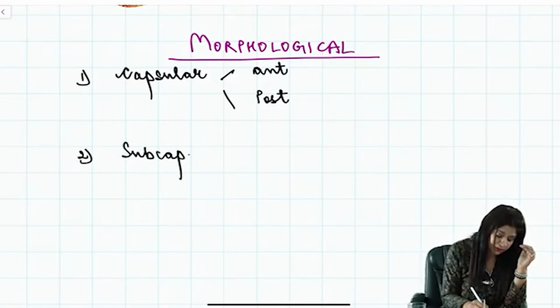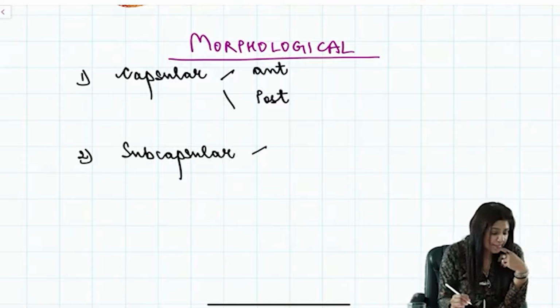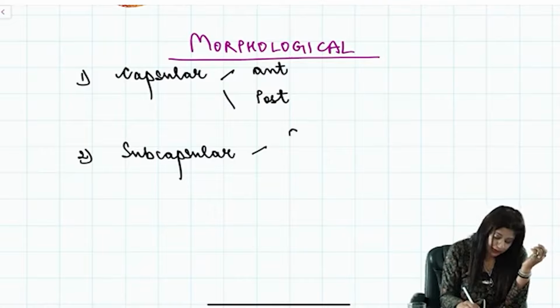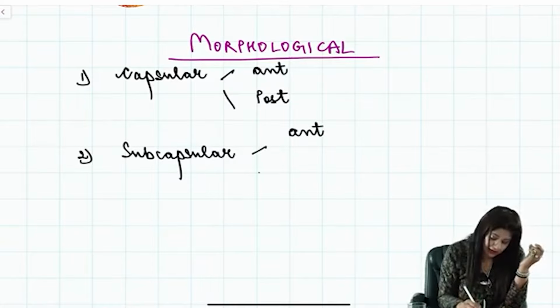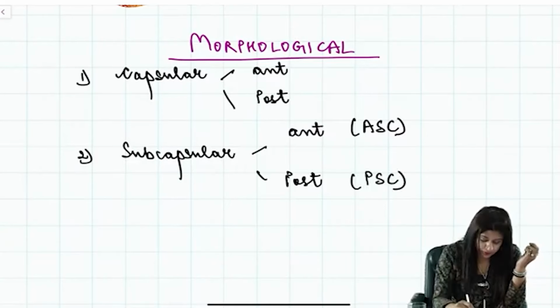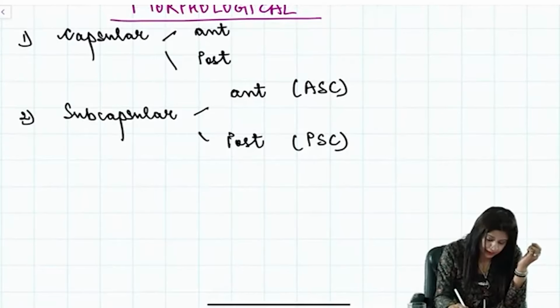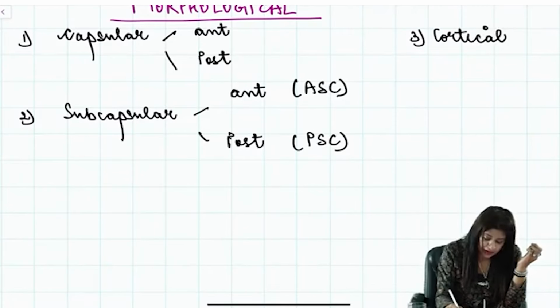It can be superficial cortex, beneath the anterior capsule or beneath the posterior capsule, anterior subcapsular as well as posterior subcapsular. Then number 3, cortical, if it is in the cortex, and number 4, nuclear, if it is in the nucleus.